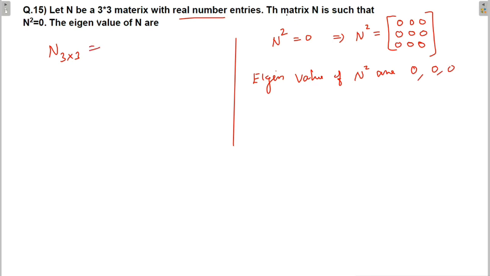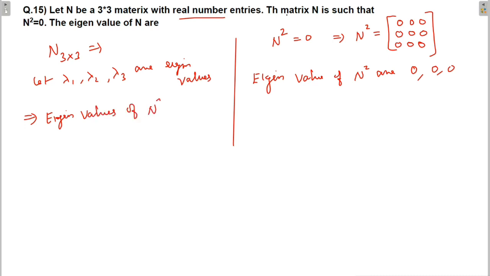Right? In this matrix, if you assume lambda 1, lambda 2, lambda 3 are the eigenvalues, then by the eigenvalue property, the eigenvalues of N square are lambda 1 square, lambda 2 square, lambda 3 square.